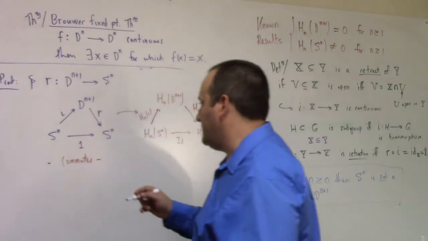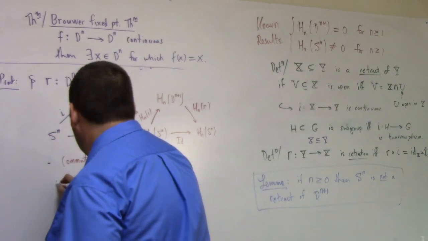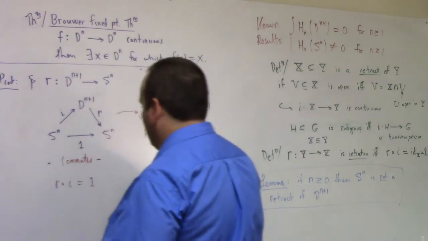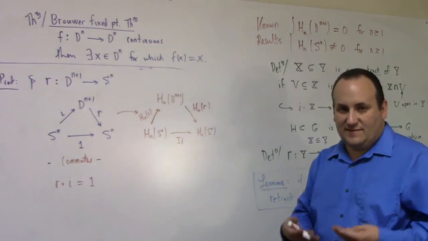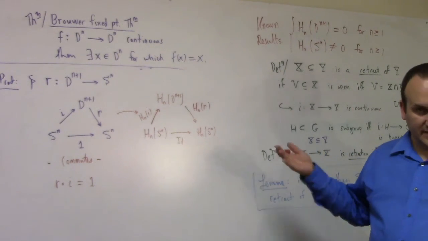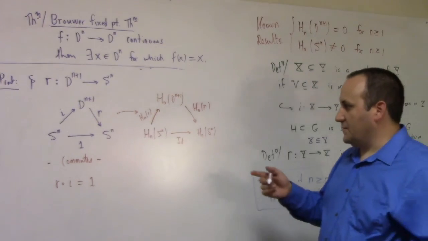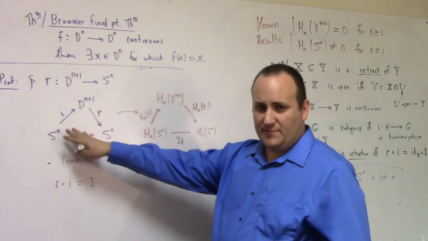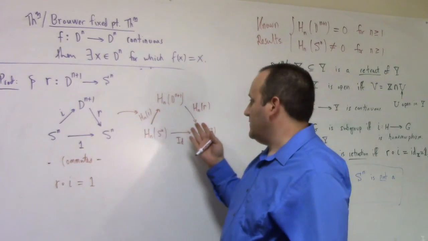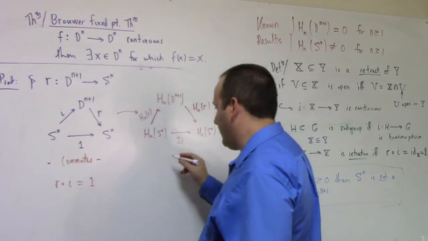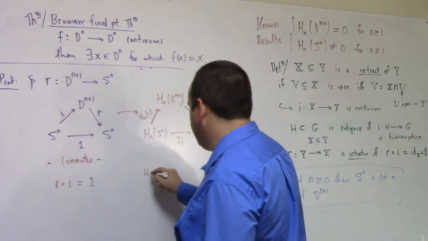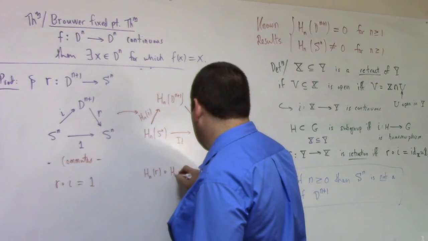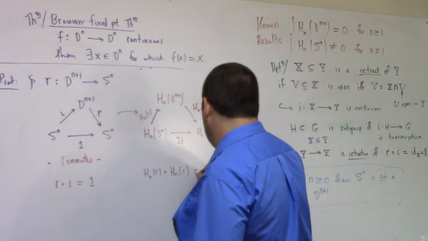That is the existence of the retraction, right? But part of the homology functor is that it takes a commuting diagram to a commuting diagram. So we should also have what over here then? I guess we get Hn R composed with Hn I equals the identity, right?